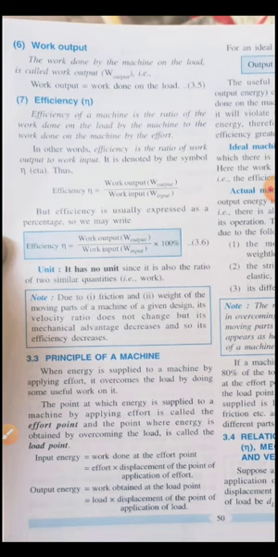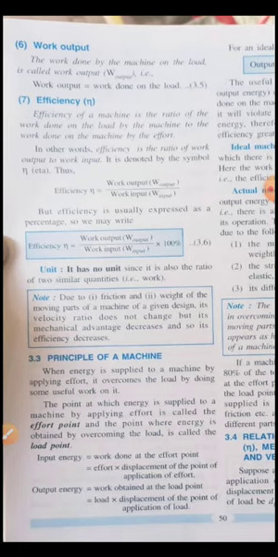First one is principle of machine. Going back to the definition of your machine, it clearly states that you're going to make your work much easier by applying an effort to overcome a resistive force. So whenever I apply this effort, it is used by your machine to overcome this resistive force.